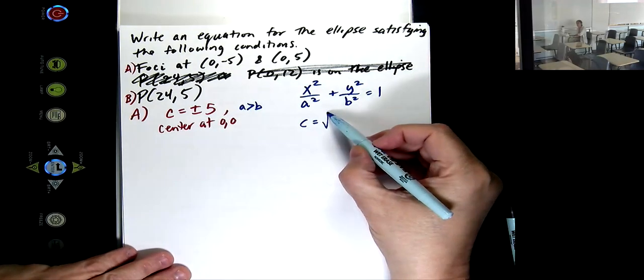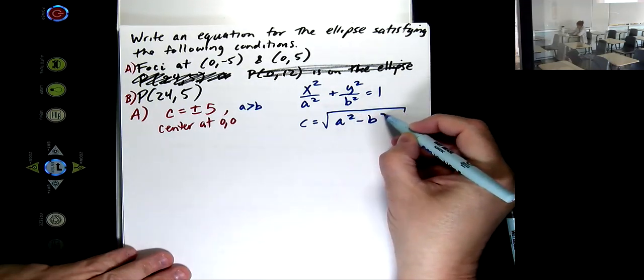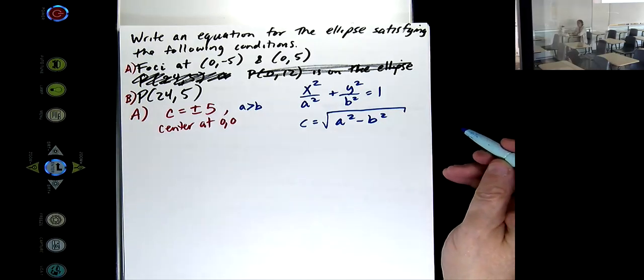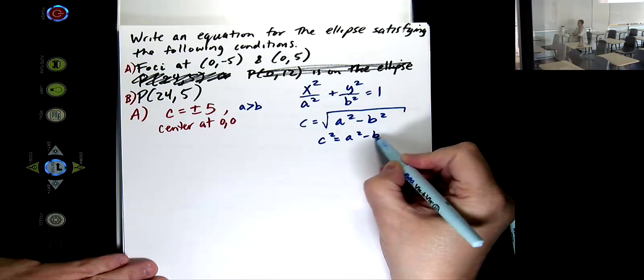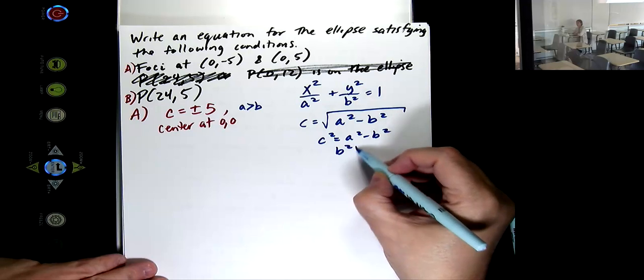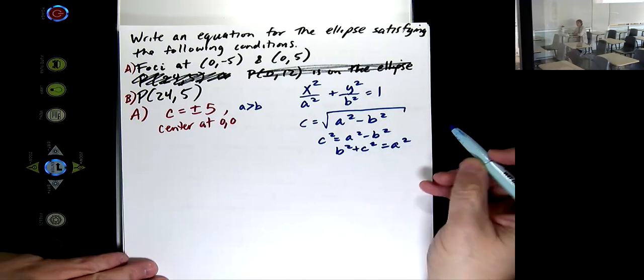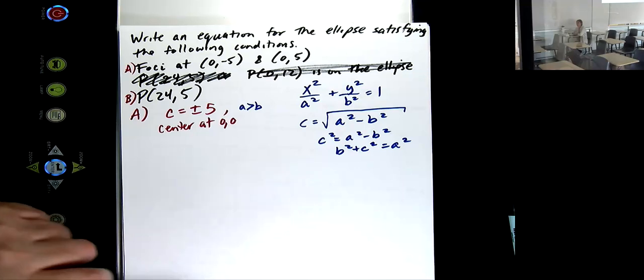So a is bigger than b, and I don't need the absolute value anymore. Or c squared equals a squared minus b squared. Or I could say b squared plus c squared equals a squared, which is what I'm going to do.